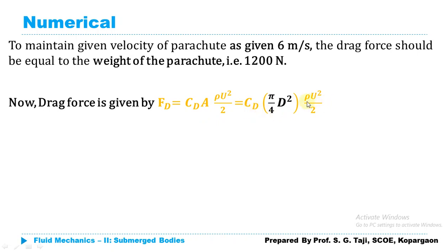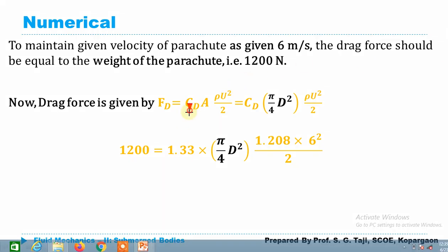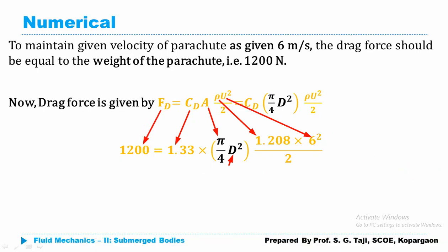CD is already given, and the velocity and density are also given. We equate the weight and the drag, replacing the drag with 1200. Putting in all the respective values: CD as 1.33, area as pi by 4 d square, density of air as 1.208, velocity as 6, and FD equal to the weight component, we calculate d here.